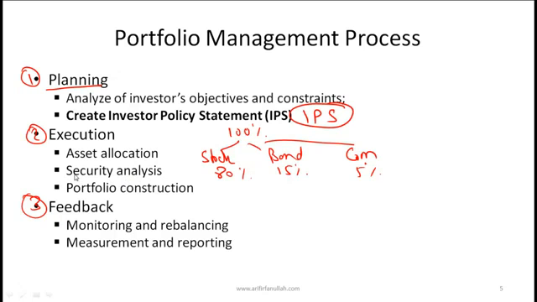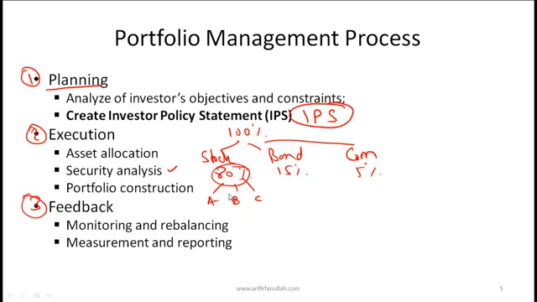Then the next sub-step is security analysis. So let's take the 80% that we have in stocks. Then we need to analyze various securities and figure out which particular stocks or securities to buy under the stock asset class, which particular bonds to buy here, and which commodities or which commodity related funds to invest in.